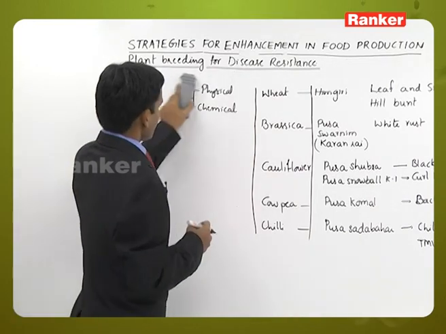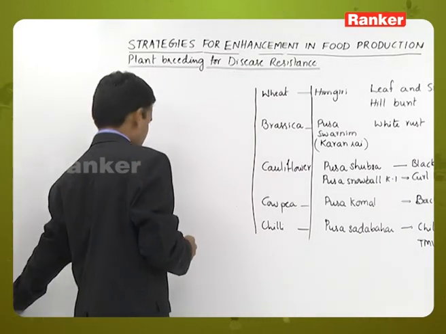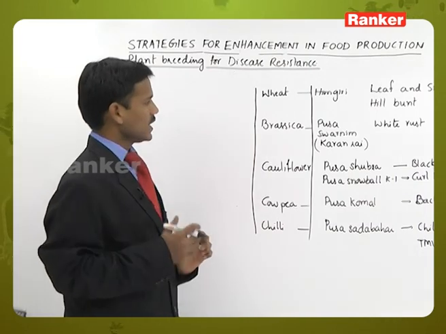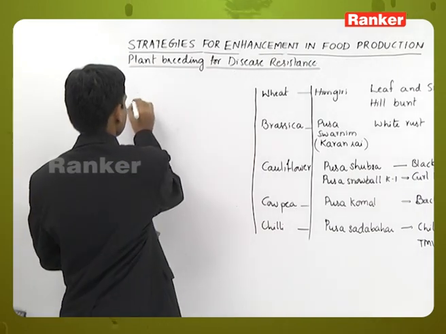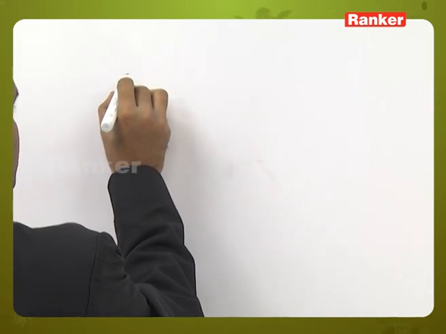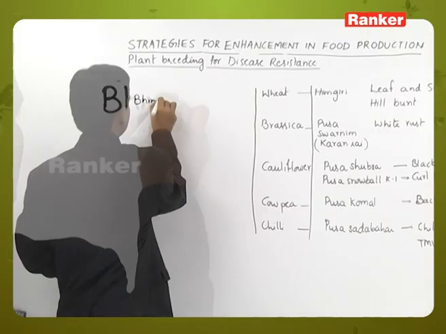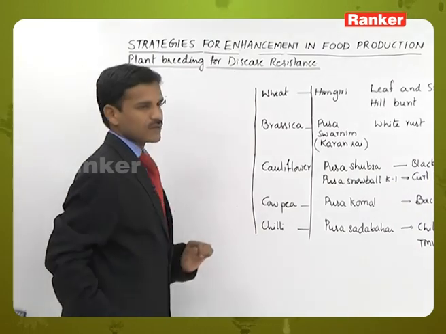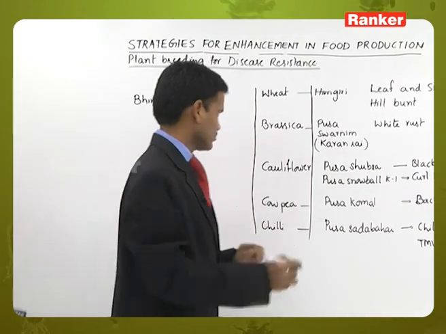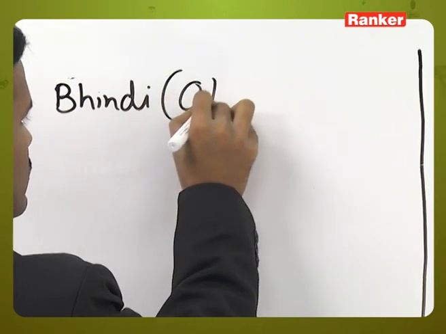A number of plants are induced by mutagens. One example is bindi, or lady's finger, also called okra.